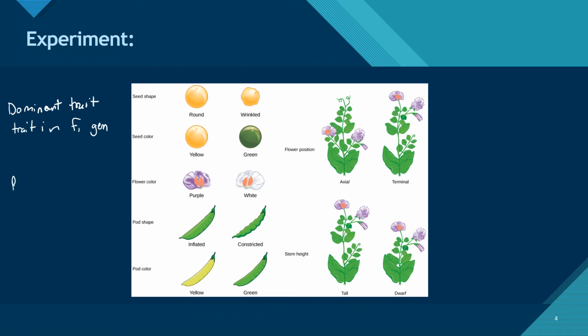The recessive trait meant that it was not the trait expressed in the first generation. We'll learn more about what these terms dominant and recessive mean, but essentially dominant meant that it was more prevalent over the recessive trait.